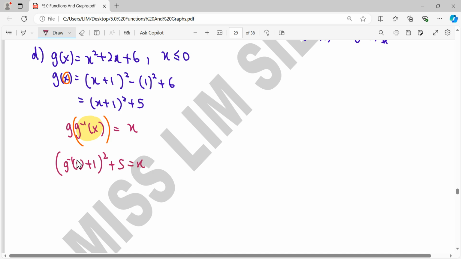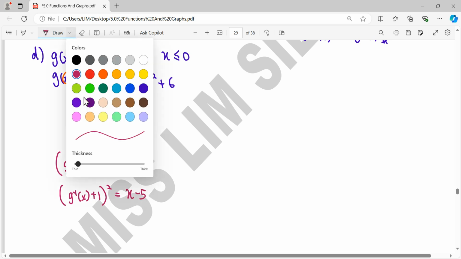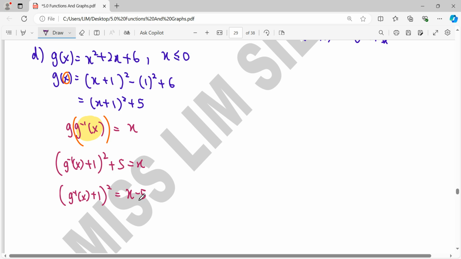So here, we simplify. Move the 5 to the right hand side, it will be minus 5. Continue. We want to remove the square to the right hand side. So g inverse plus 1. When we move the square, a quadratic, we have two answers, positive and negative. And when we're doing an inverse, it's impossible to get two answers. So we only have one answer since this function is one-to-one.